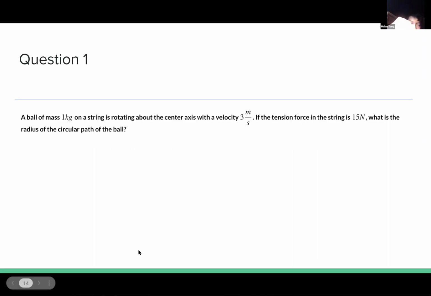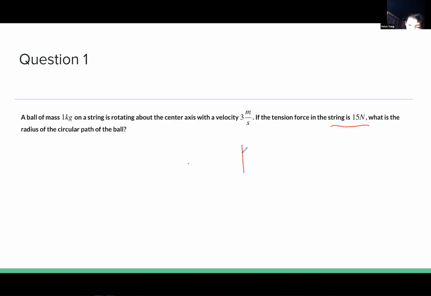Okay, so I'll explain the question now. A ball of mass 1 kg on a string is rotating about the center axis with a velocity of 3 meters per second. If the tension of the string is 15 newtons, what is the radius of the circular path of the ball?